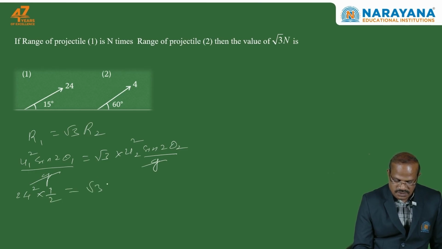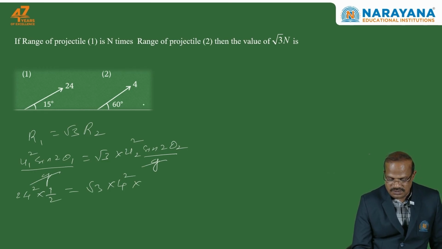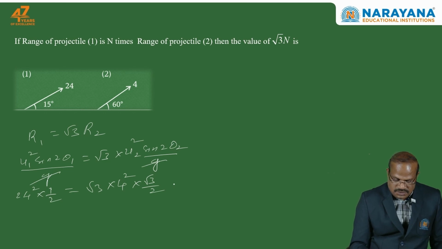U2 square is 4 square, sin 2 into 60, sin 120 is nothing but root 3 by 2. So this 2 you can cancel.